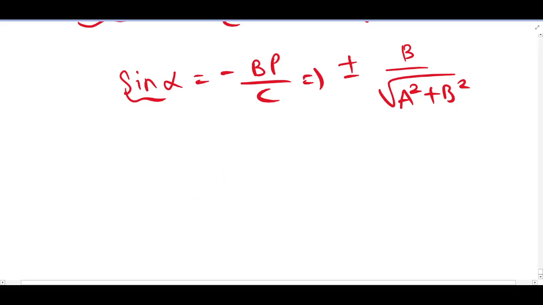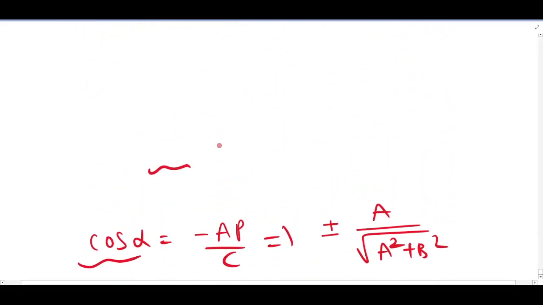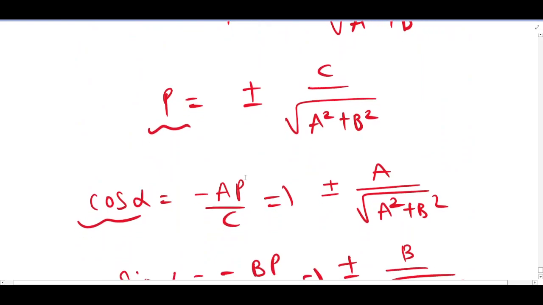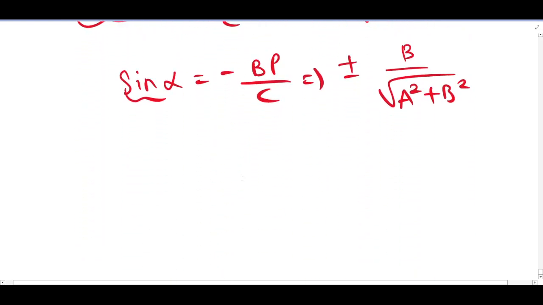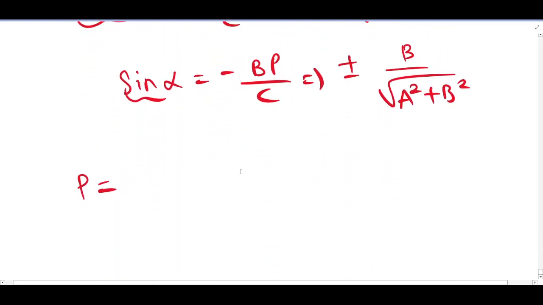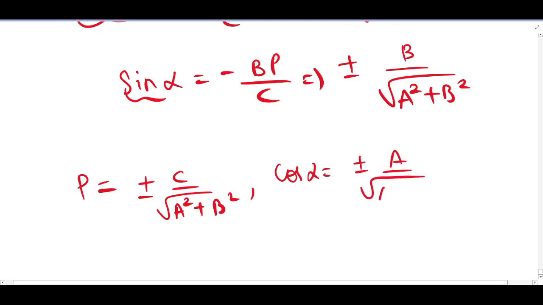So if we know cos alpha, sin alpha and p, we can write ax plus by plus c in the normal form. So we have p is equal to plus minus c by root of a square plus b square, and cos alpha is equal to plus minus a by root of a square plus b square, and sin alpha is equal to plus minus b by root of a square plus b square.